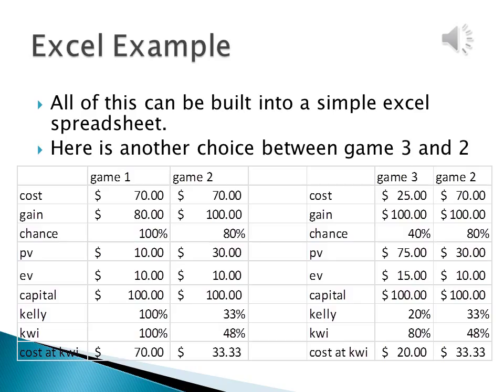When we convert that to Kelly working interest, 20% of $100 is $20 over $25. So $20 out of $25 is 80%. So we're going to take 80% of that project at a total cost of $20. And game number 2 is $33.30.